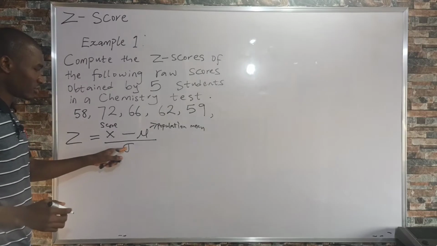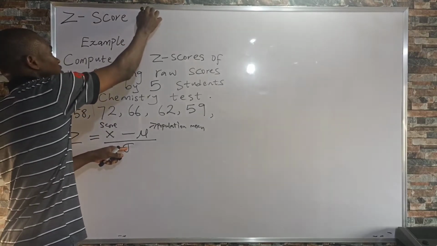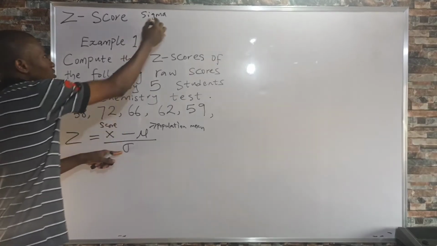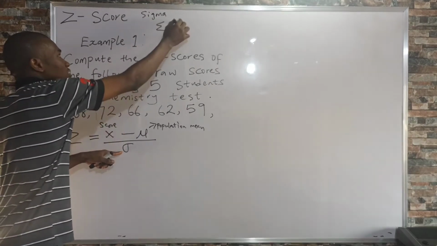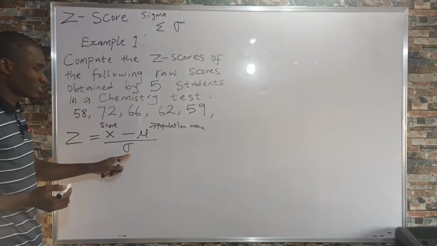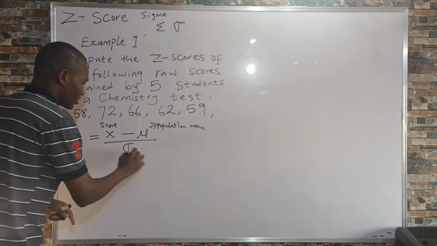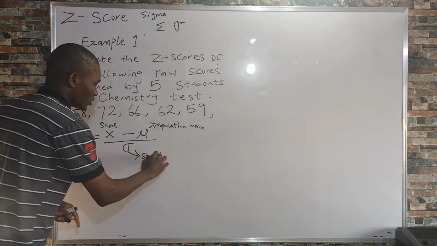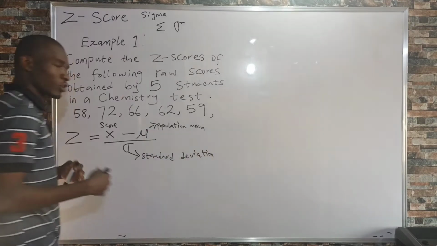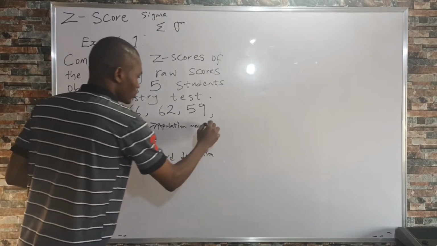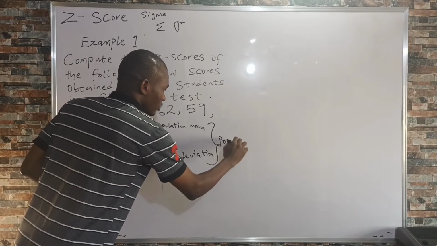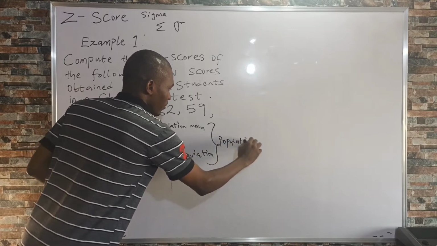And this is sigma, the lowercase of sigma; the uppercase is this, and the lowercase is this. So this lowercase sigma stands for your standard deviation. Take note that this formula is used when we are calculating for population data.